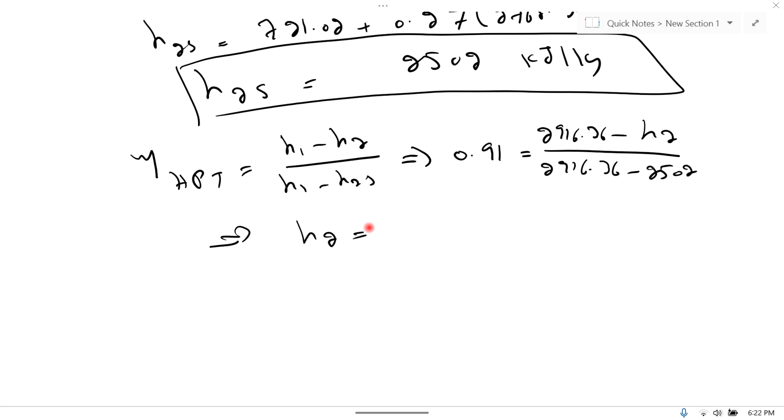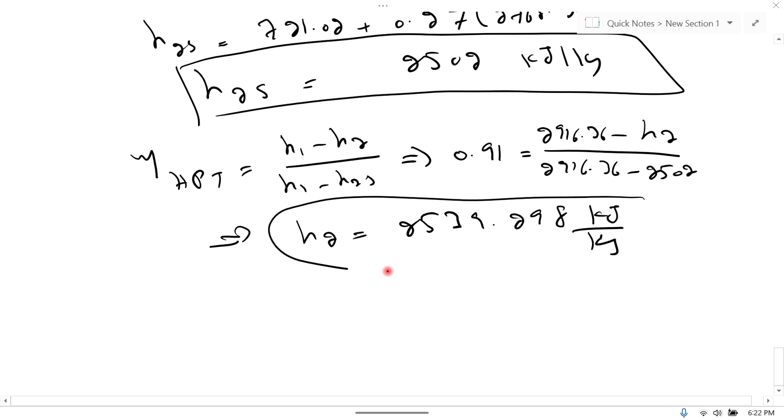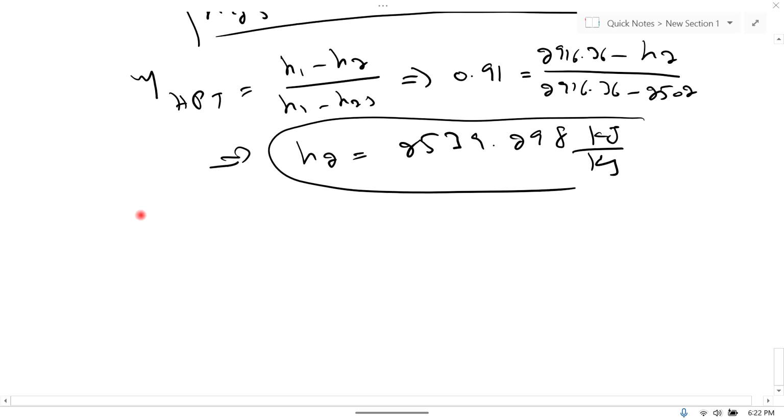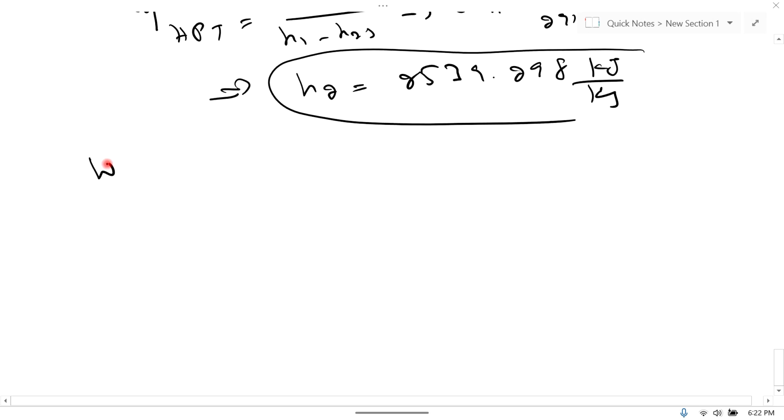Simplify this equation and find h2, which is 2539.298 kilojoule per kg.